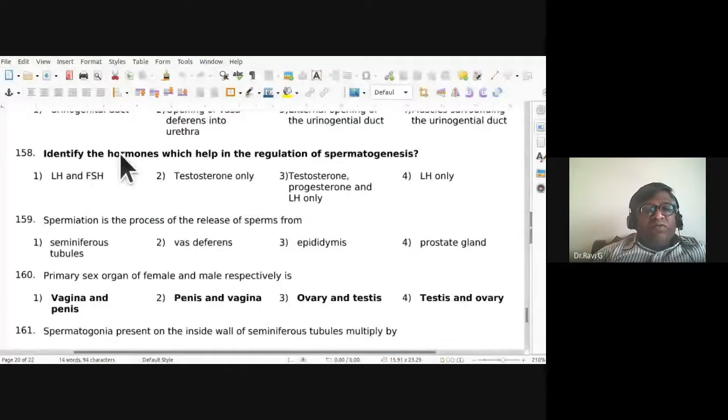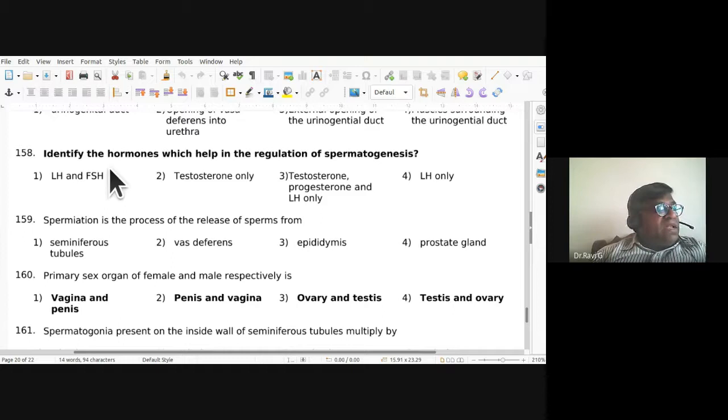Identify the hormones which help in the regulation of spermatogenesis. LH and FSH, testosterone only, testosterone, progesterone, and LH only, or LH only. So 158, first one is the right option. Luteinizing hormone and follicle stimulating hormone help in the regulation of spermatogenesis.